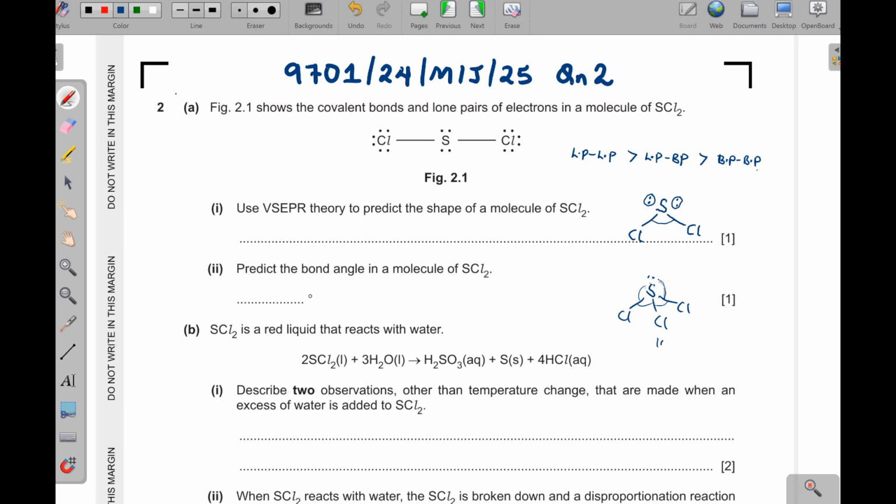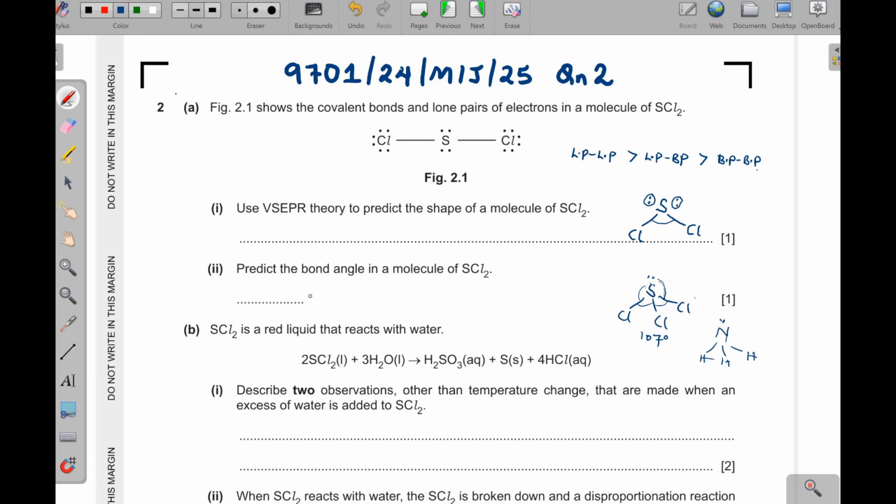So the angle, which was 109.5, is now going to be reduced. It will come to less than 109, around 107. Now this is what we call trigonal pyramidal, like in ammonia, where there is a lone pair here, then hydrogen, hydrogen, hydrogen. So this one will be like 107.